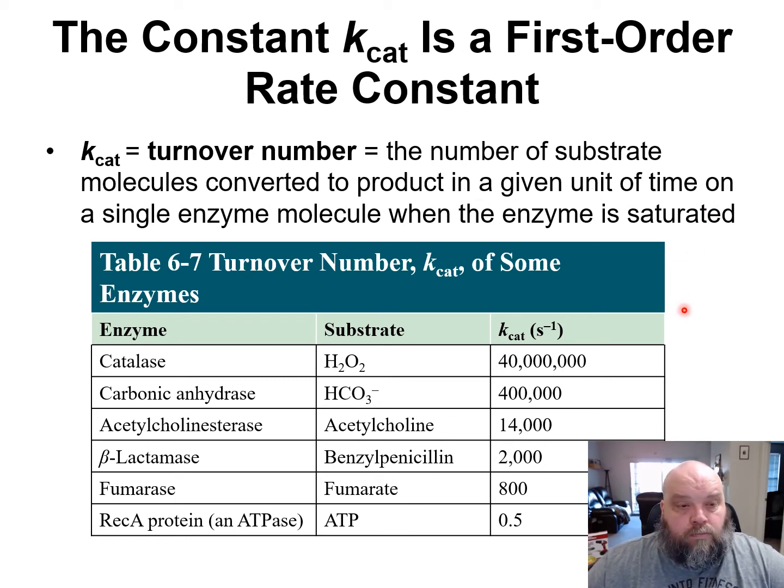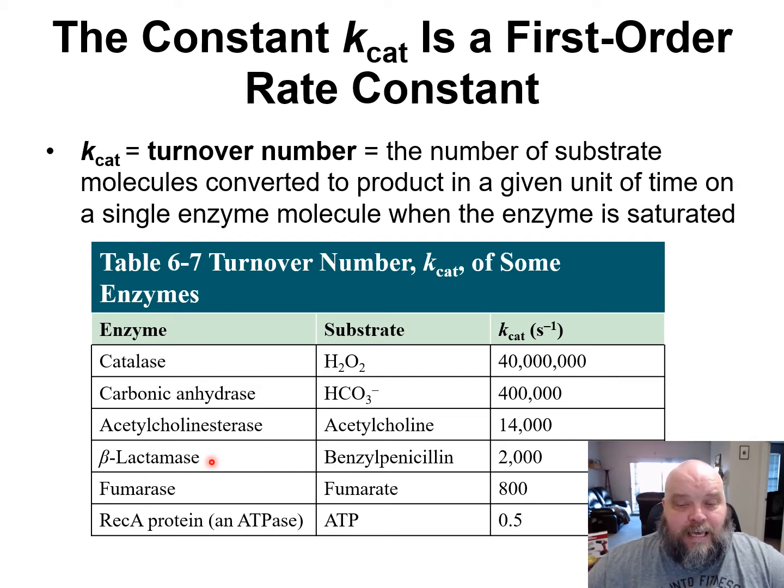So, in a given amount of time, how much substrate is turned into product? Catalase. Look at this, catalase, hydrogen peroxide is its substrate. 40 million hydrogen peroxides get turned into water and oxygen. Beta-lactamase, okay?